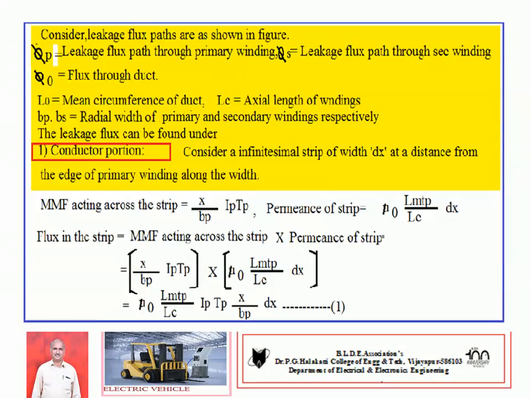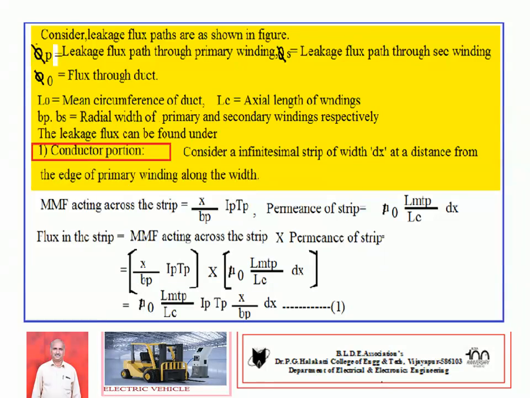The strip has width dx. So what is the MMF acting across this strip? Where does this strip lie? It lies at distance x. What is the total width of the primary winding? BP. So x by BP is the point where the strip lies.